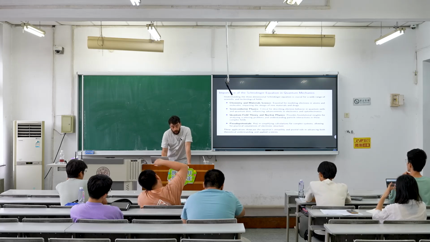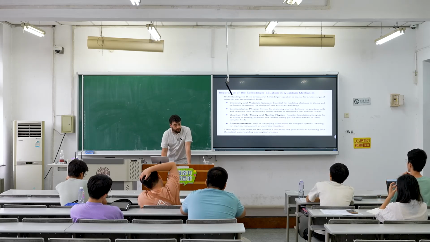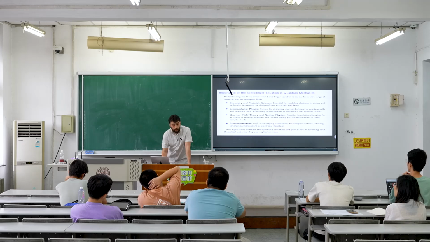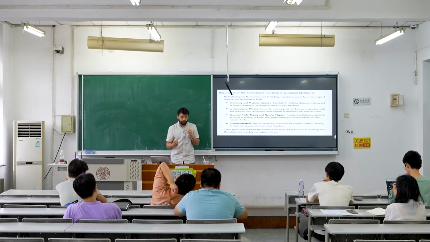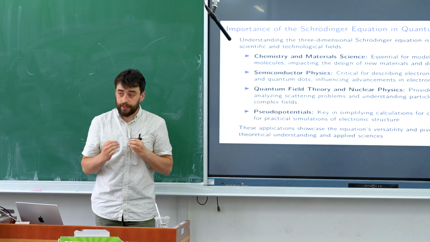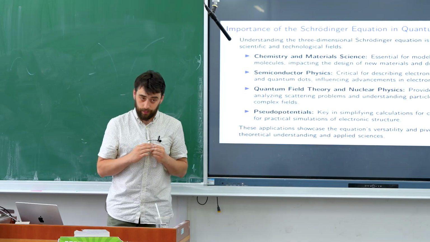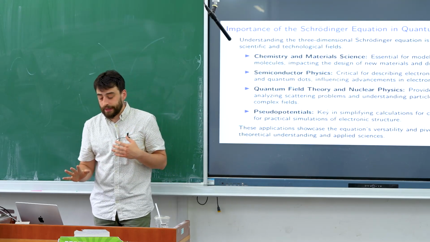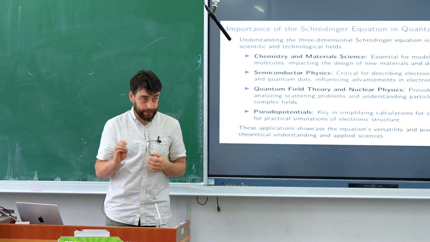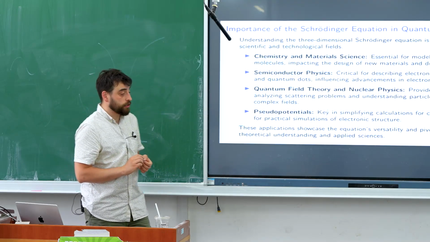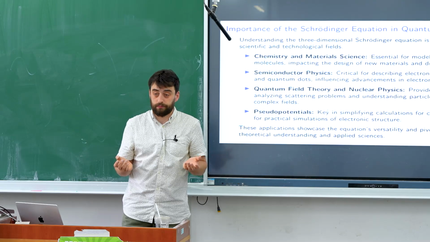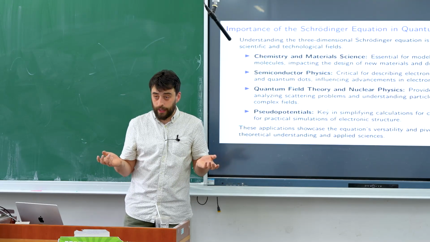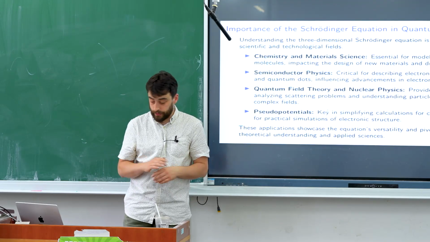And more specifically, to DFT calculations, although DFT is not strictly solving the Schrodinger equation, but we'll speak about that more later, pseudopotentials in plane wave calculations do involve a solution of a Schrodinger-like equation in a way that we'll also talk about.